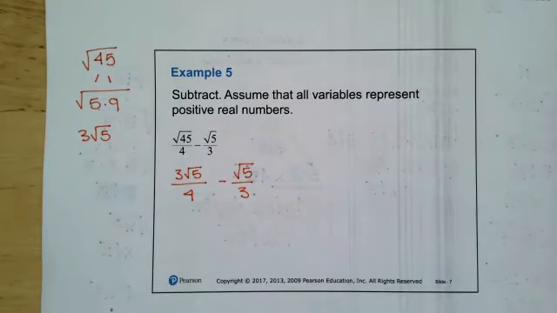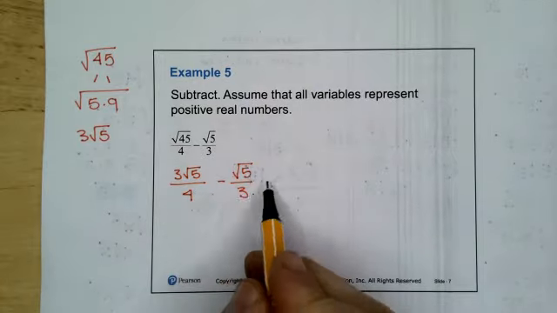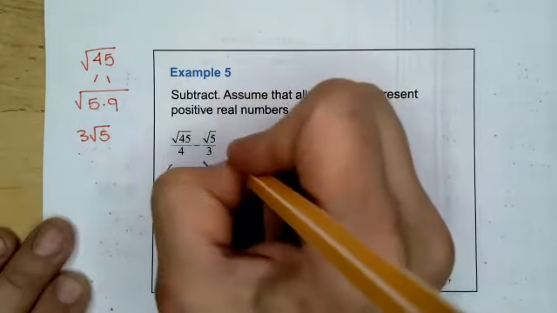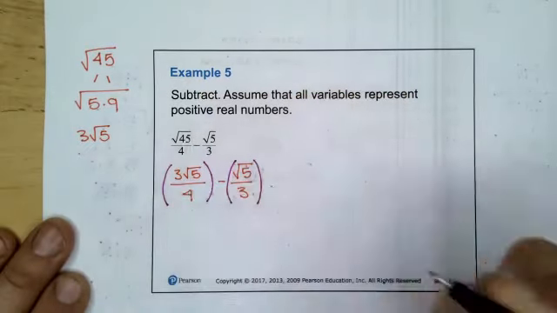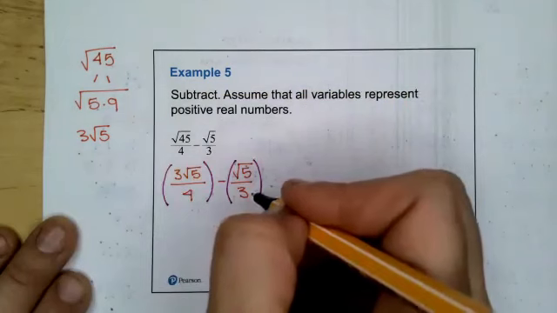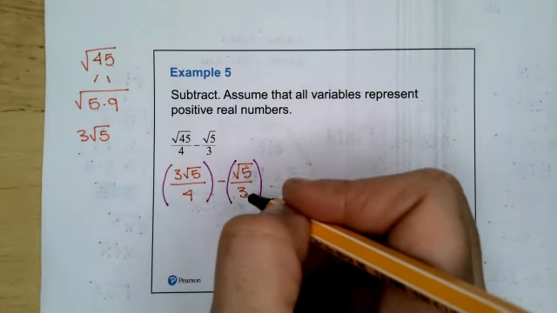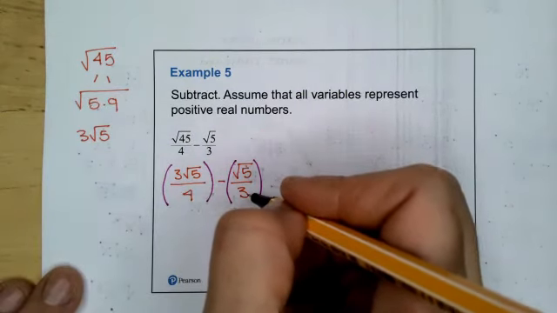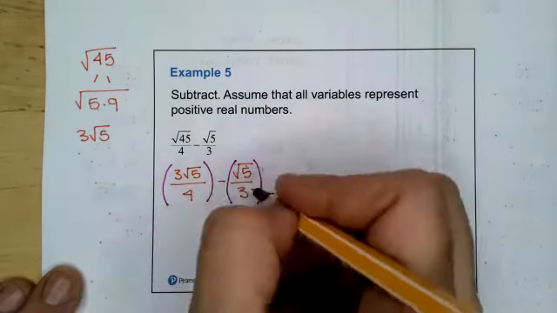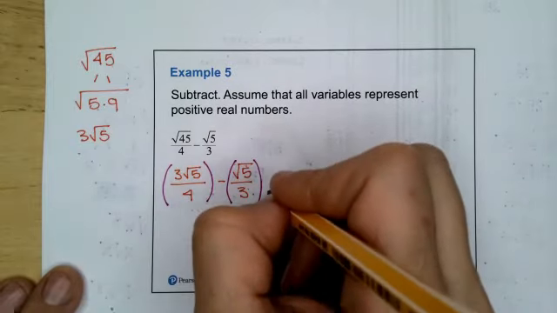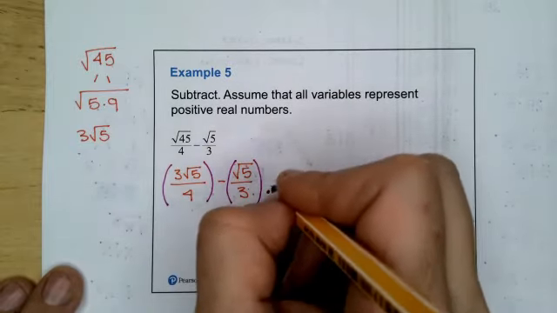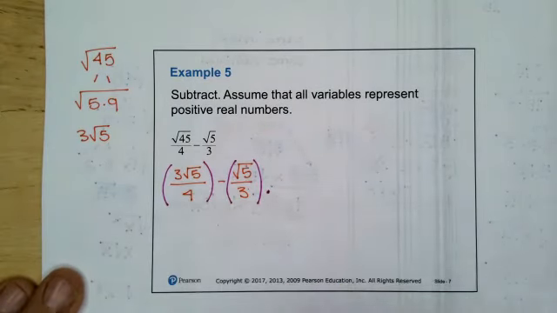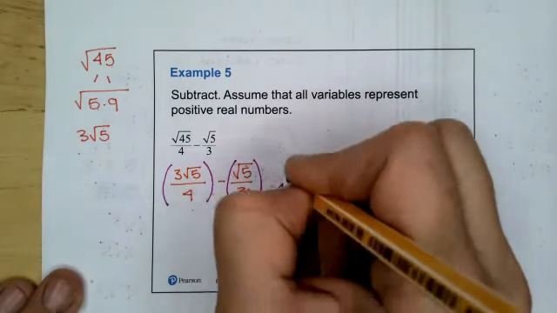So we're going to call this 3 square root of 5 over 4 minus the square root of 5 over 3. Good. To subtract or add fractions, we have to have the same denominator. 4 and 3 are not the same, right? But we want to find a least common multiple, least common denominator, either word works. 4 times 3 is 12. So 12 is going to be your least common denominator. To get 12 here, I'm going to multiply 3 times 4, right?